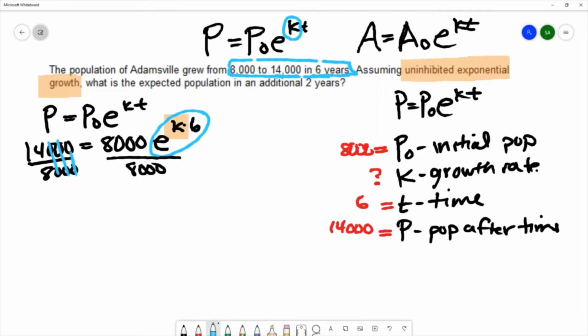We have 14 over 8, and 14 over 8 reduces down to 7 over 4. The 8,000s cancel on the right-hand side, and we're left with e to the 6k. So now we have our exponential isolated, and we want to solve for that k.